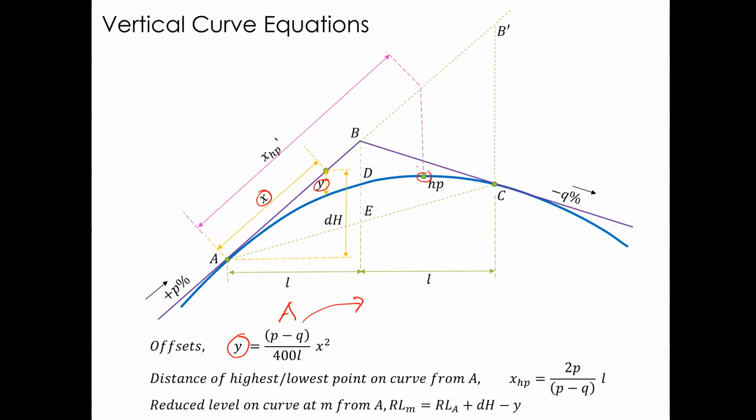I think it's probably worth noting that if I have two grades, both of the same value, different sign, let's say minus p, plus p, and I fit in a vertical curve in there, obviously my highest point will be just below the summit.